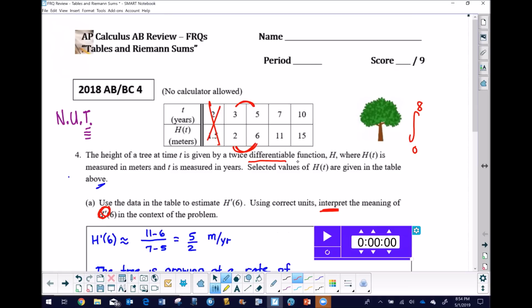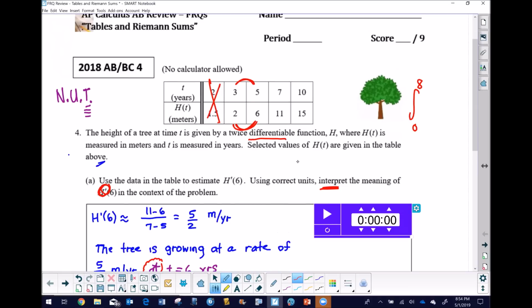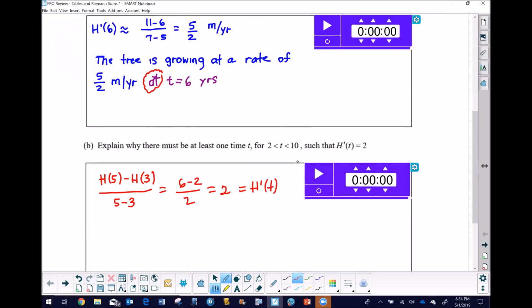Now, if you want to write that, that's great. It's probably a good idea. But on the scoring rubric for this problem, if a student said h of t is continuous, and if you were even more specific and said it was continuous on the interval over which we're evaluating, from 3 to 5, which was not necessary, then you've got that particular criteria satisfied.